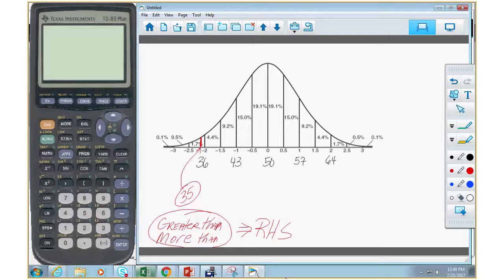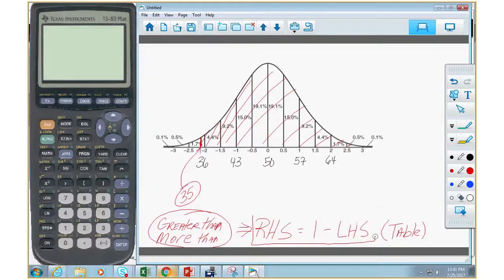So they want to know what is the probability of a number being greater than 35. So right-hand side is equal to 1 minus left-hand side if you're using the table. So if you're using the table, you have to use this formula for the right-hand side.